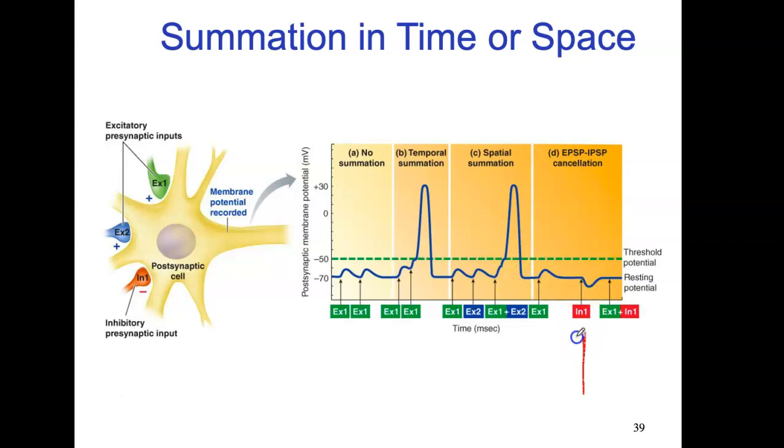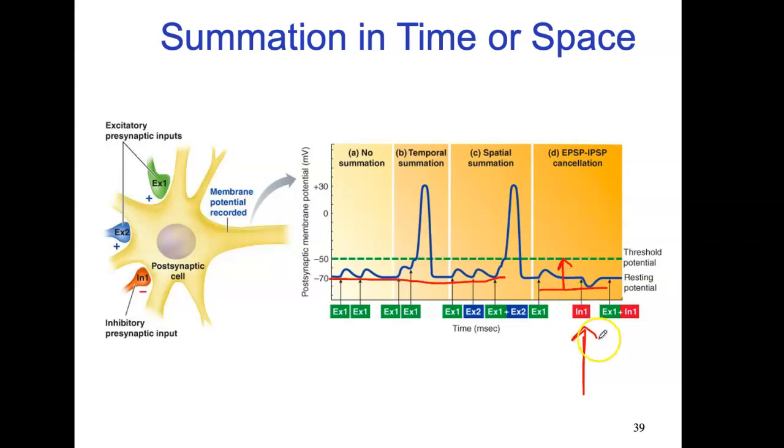Here it's showing a cancellation, and the cancellation, remember I told you, is we're assuming we're starting at -70. All this is starting at -70. Well, what if you had some ion that made it even more negative in the cell to start with? You would be starting below -70, and it makes it harder to reach this threshold because that distance has increased.